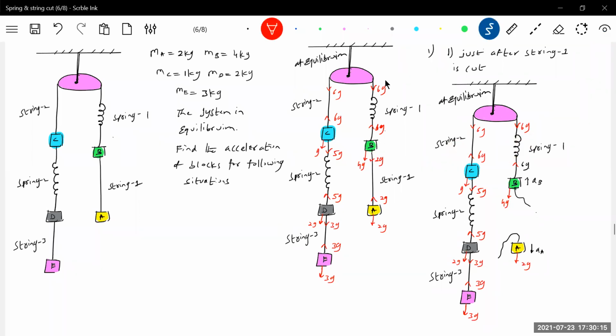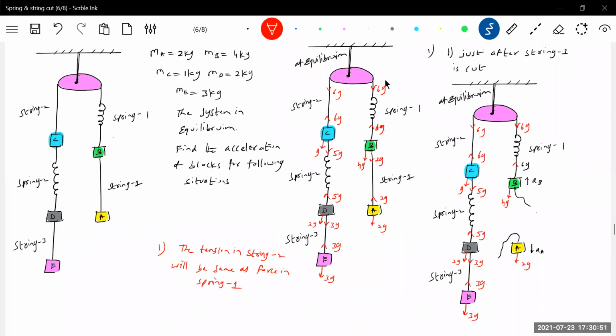Let me write that expression. We are discussing the first case, no? The tension in string 2 will be same as force in spring 1.